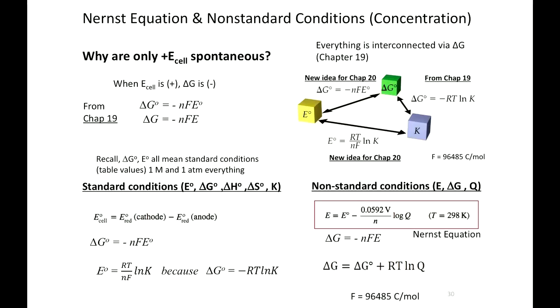So let's answer the question: why are positive cell potentials spontaneous? We saw that when the overall cell potential is positive, it's a spontaneous redox reaction, so therefore delta G of that reaction has to be negative. Here is the relationship.